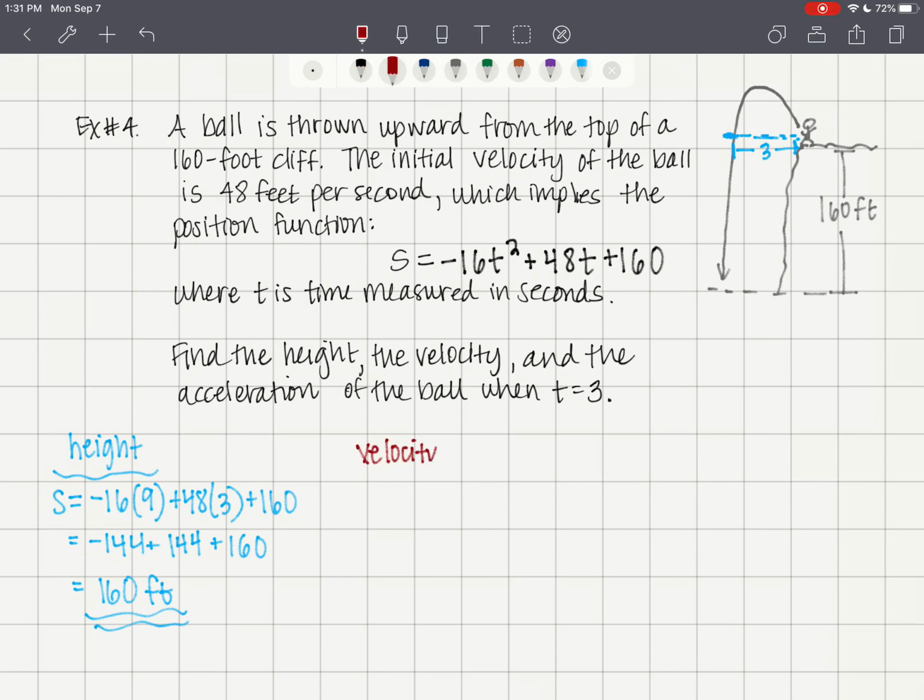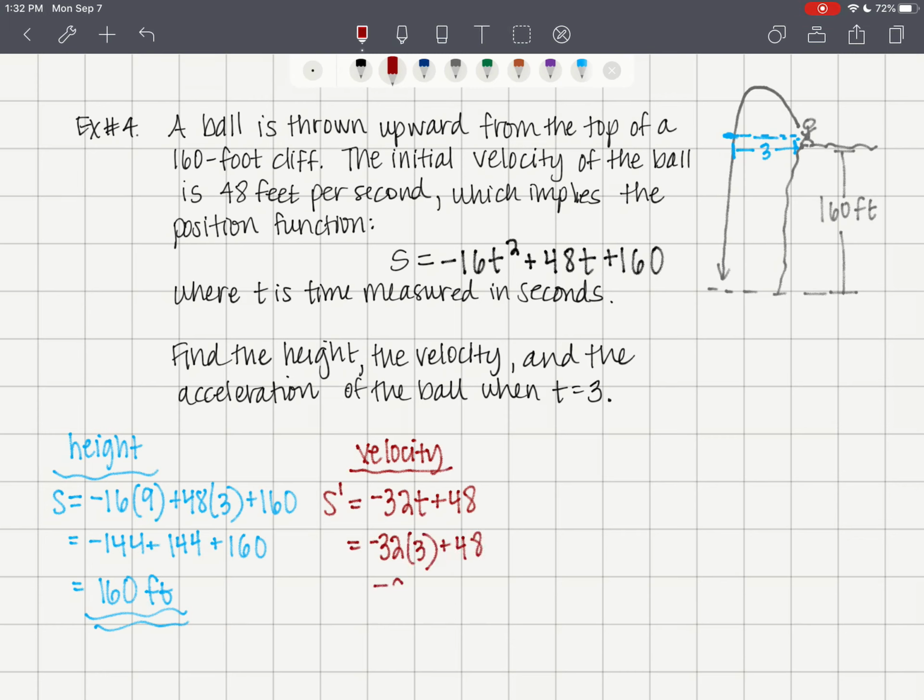Okay, then we've got our velocity. Our velocity at 3 seconds is going to be the first derivative. Woohoo! This is not function notation. Our first derivative, which is negative 32t plus 48. You just go to the position function, find the derivative. And now I'm going to say at 3 seconds, negative 32 times 3 plus 48.